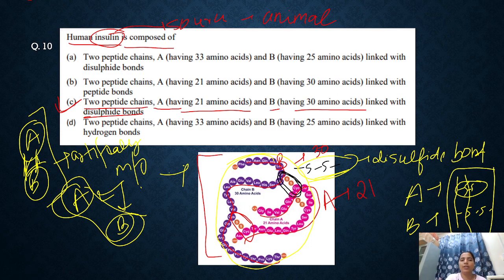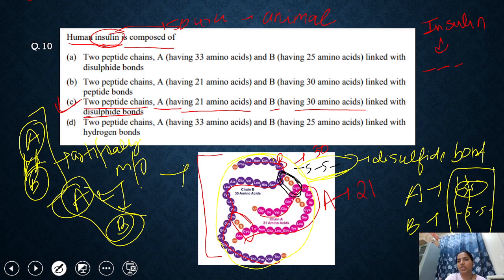Although it is not required for you to study insulin in further detail, if you go through its structure, it is made up of three different chains. These two chains, and one pre chain is also present in the structure.